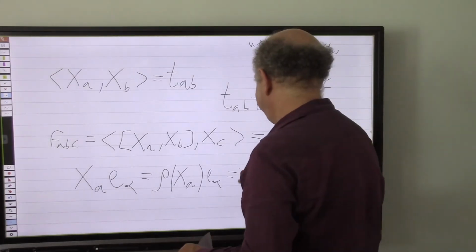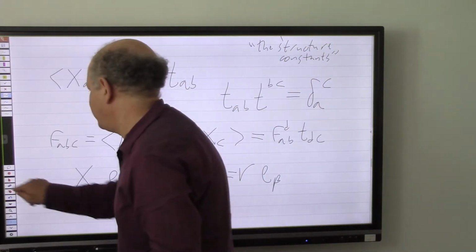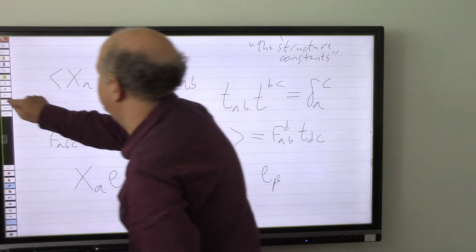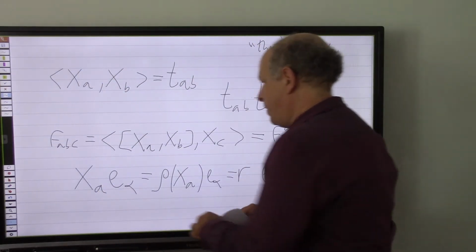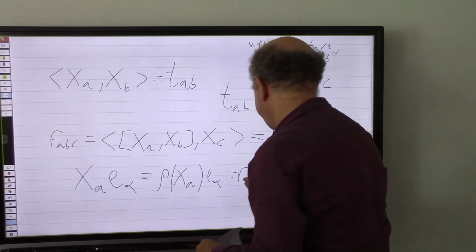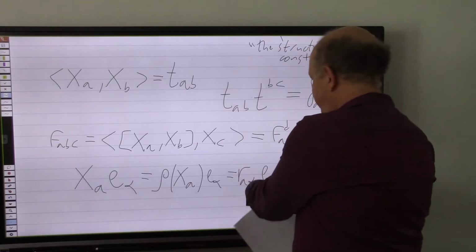I'll call it lowercase r, depending on A and alpha, with a summation over beta.